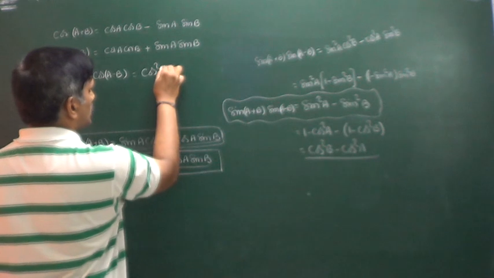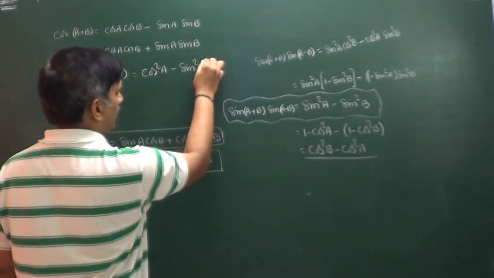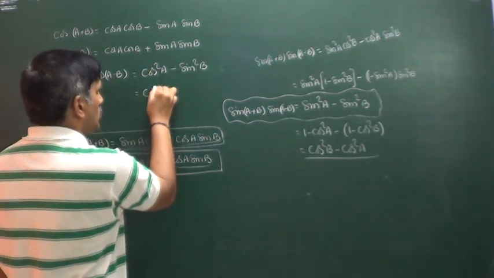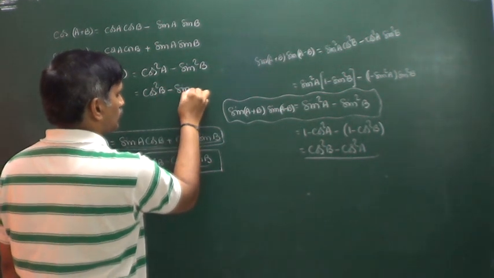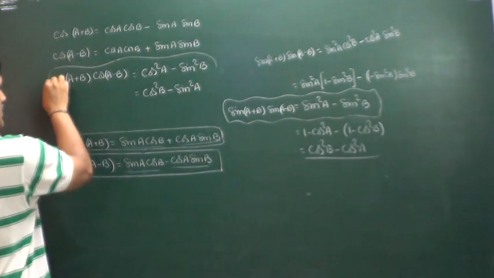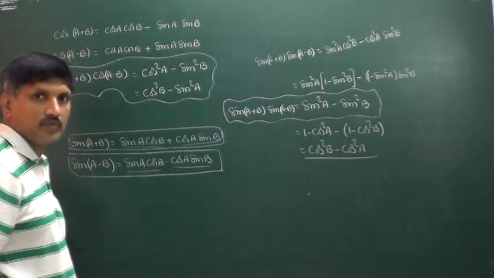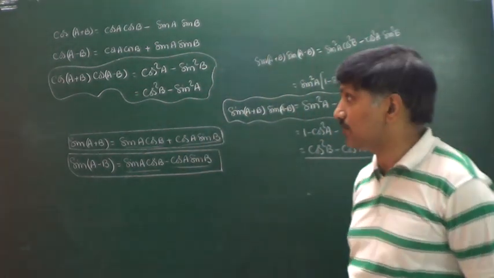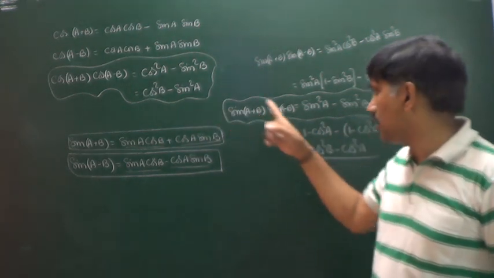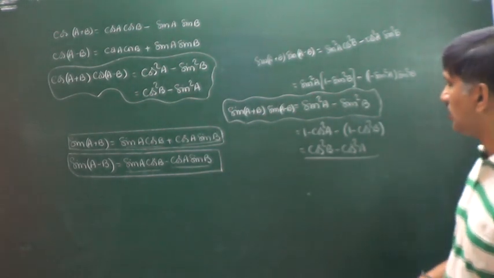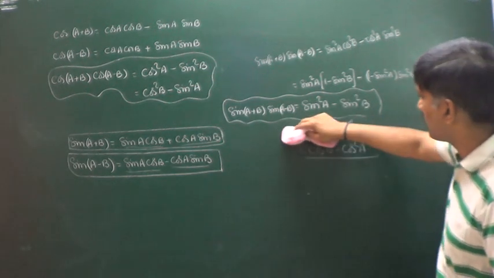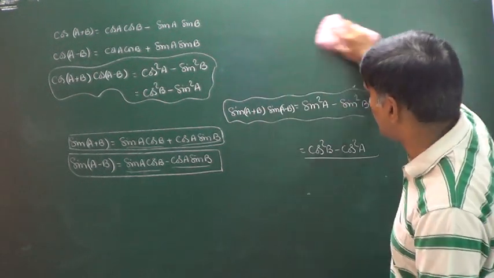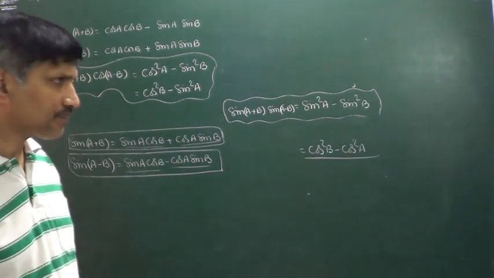We will get cos²A minus sin²B, or we can write this as cos²B minus sin²A. So cos(A+B) into cos(A-B) is cos²A minus sin²B or cos²B minus sin²A, whereas sin(A+B) into sin(A-B) is sin²A minus sin²B or cos²B minus cos²A. We got another set of formulas, right?